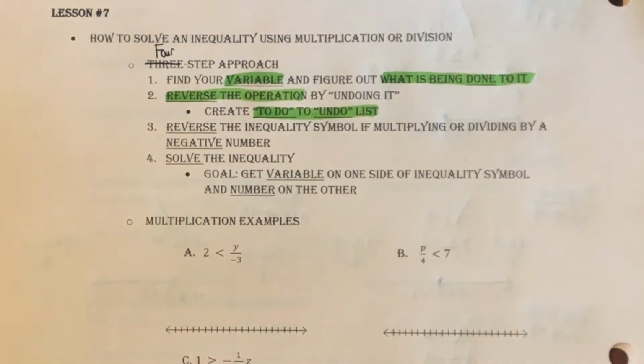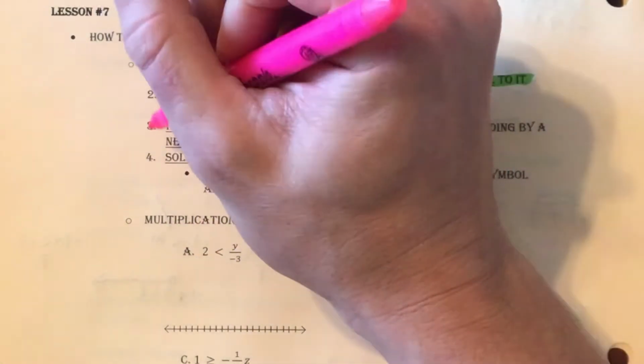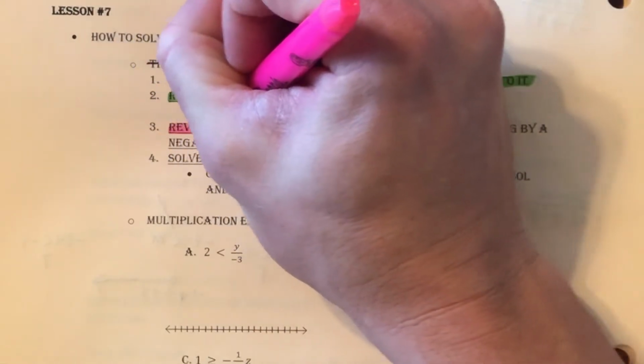And then we've talked about this using the to-do to undo lists. Step 3 is where it changes just a little bit, because when we solve an inequality using multiplication or division, there is one little thing that happens that's a little bit different, and it happens when we multiply or divide by a negative number. When we multiply or divide by a negative number, we actually have to reverse the inequality symbol.